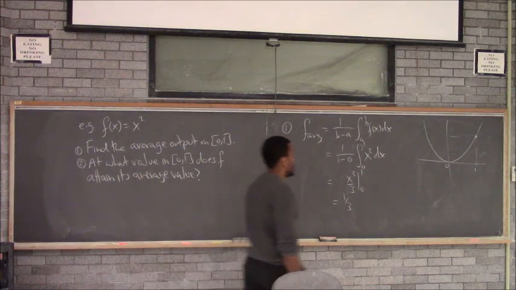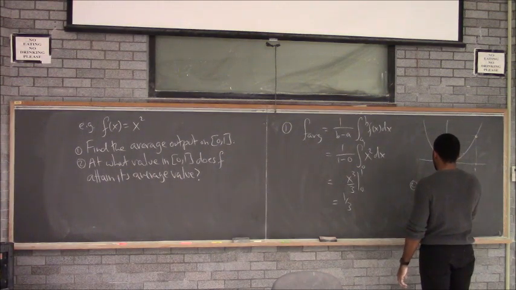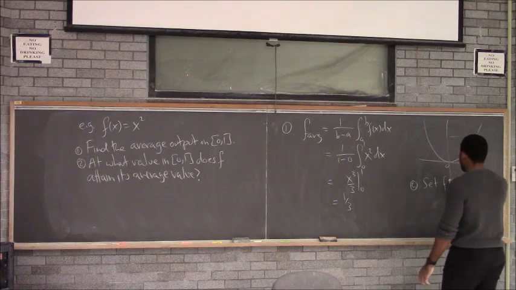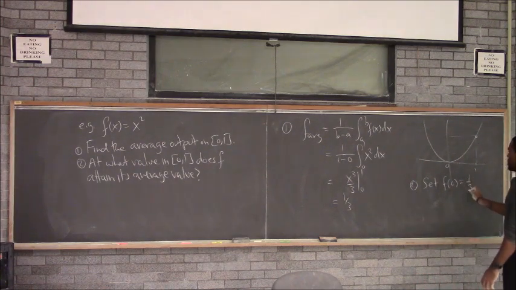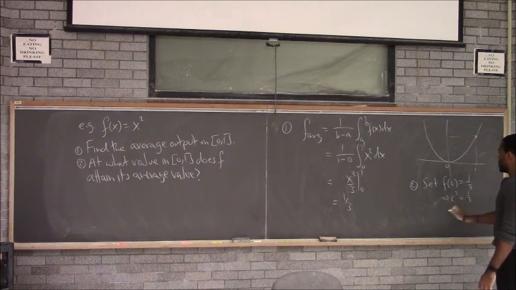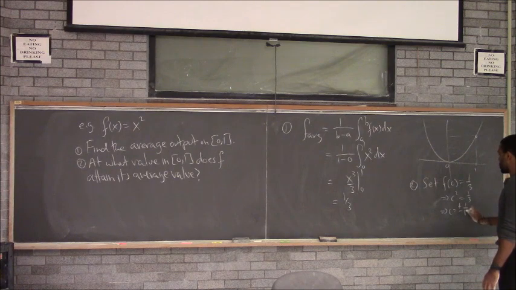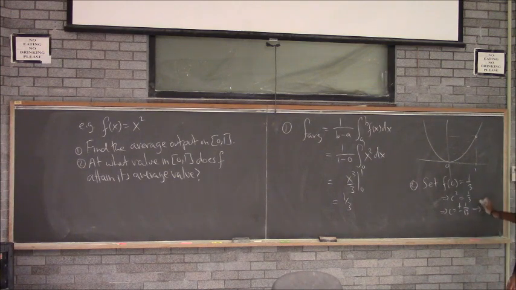And so in part 2, we just want to set f of c equal to a third. This means that c squared equals a third, which means that c is plus or minus 1 over radical 3, and you take the positive. C equals positive 1 over radical 3.